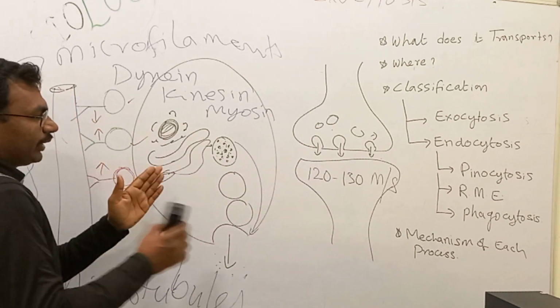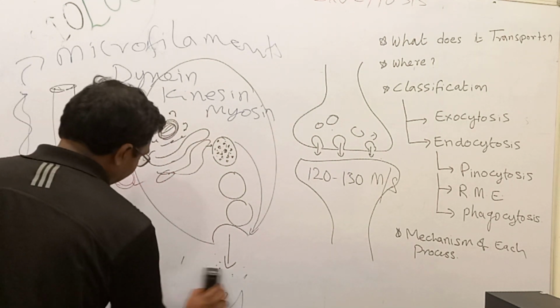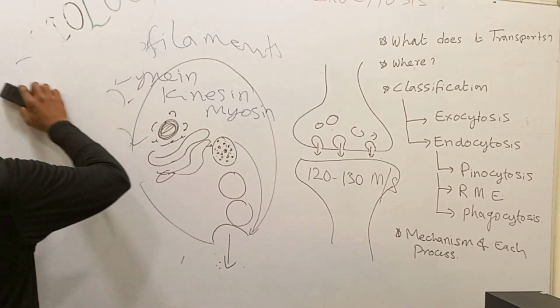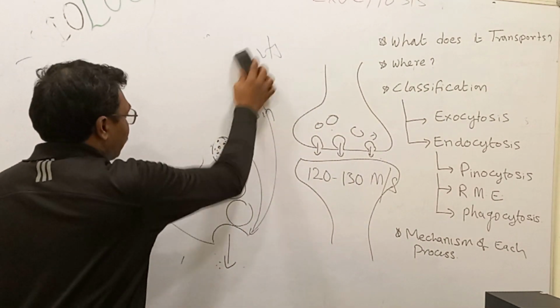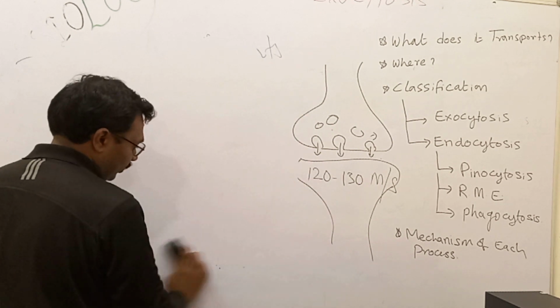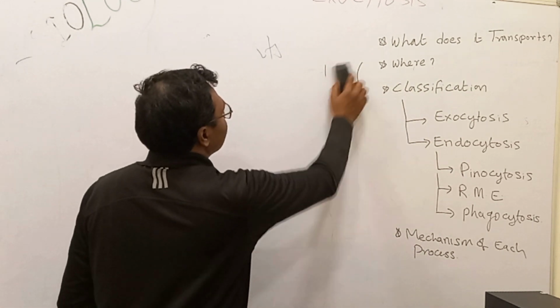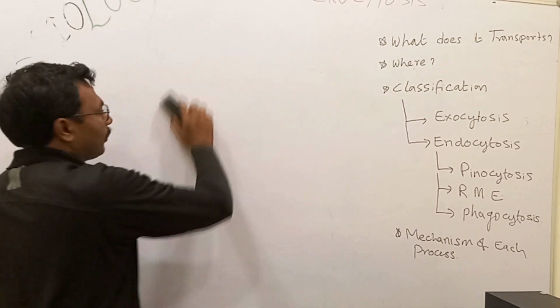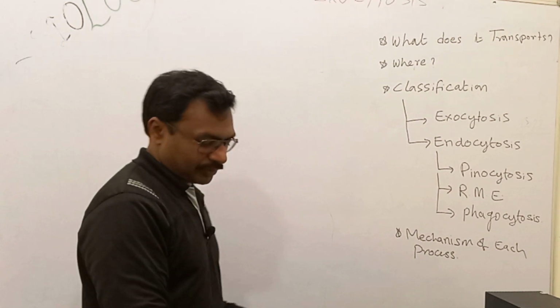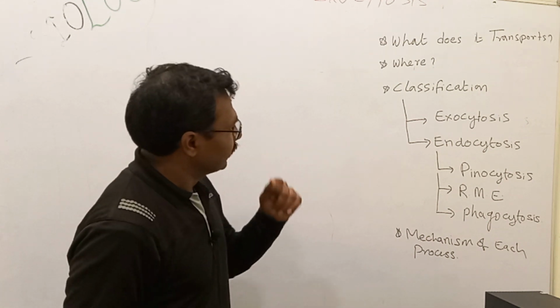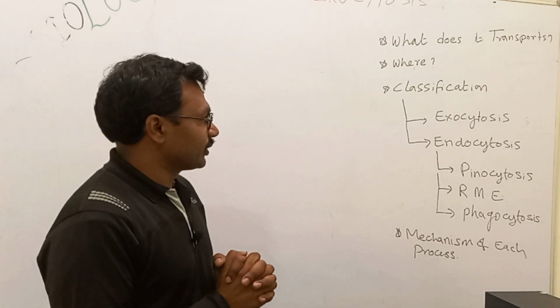So regulated, unregulated pathway, there is not much difference. The regulated pathway is where highly processed molecules or substances are transported, whereas in the unregulated pathway, partially processed proteins are transported. That's all the difference between both, right? So this is about exocytosis.